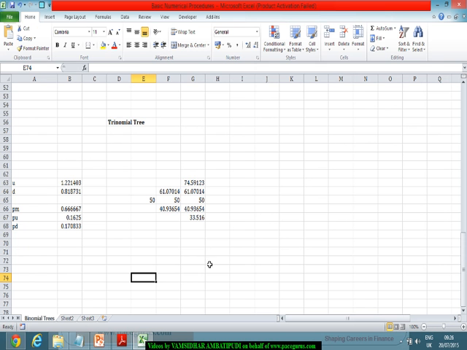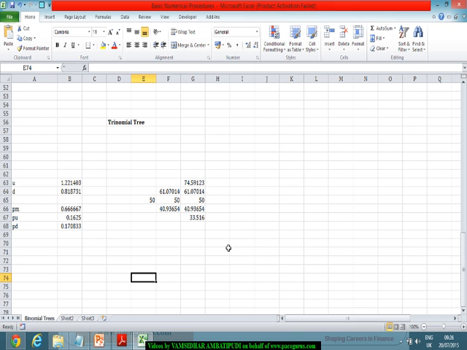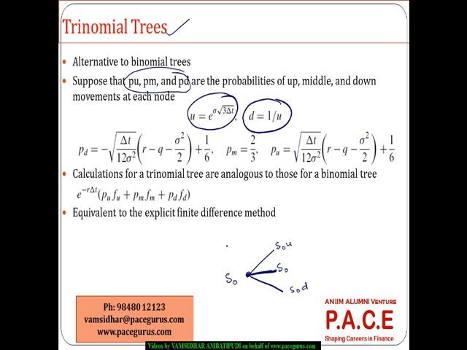Again we have 3 different branches, so we can find the expected values, work backwards, and that is what will give us the solution using the trinomial tree approach. So we'll find the expected values, we'll find the present value by working backwards node by node to compute the overall value of the option using the trinomial tree mechanism. Right?